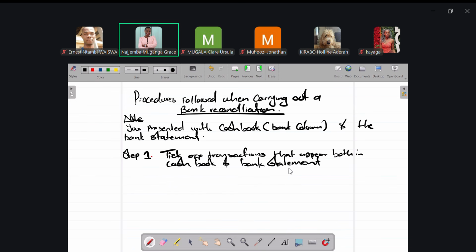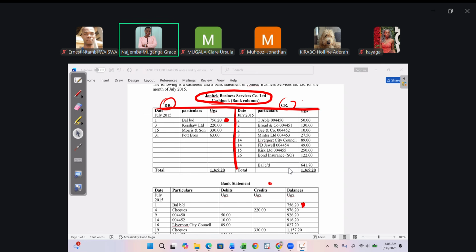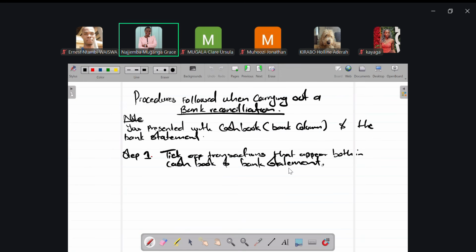Are we together? However, if you stop at that, this is what I mean. You're going to go transaction per transaction and tick, meaning the accountant recorded it and the banker recorded it. But before you completely tick, please add this statement.